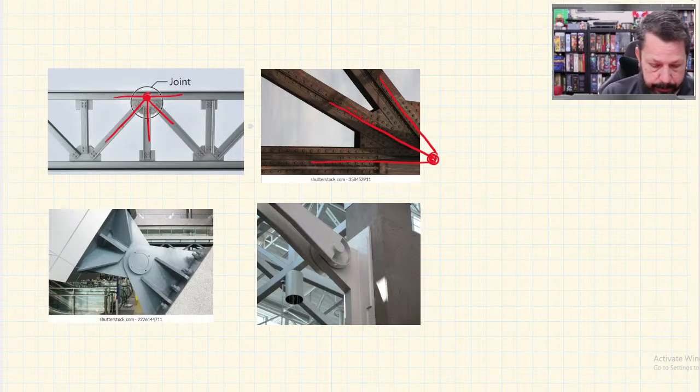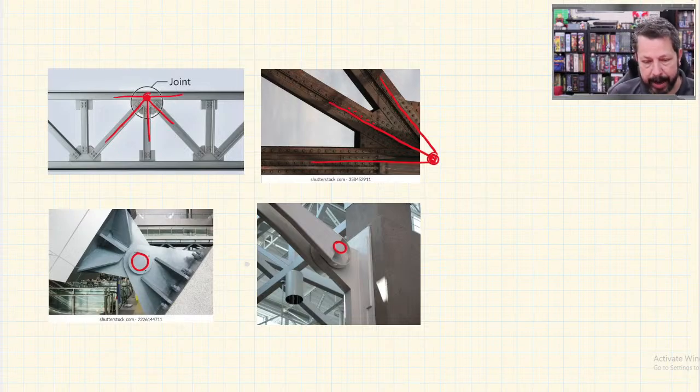But sometimes they do have actual pins. Not as common, but sometimes there might be a hinge somewhere, or they did build it with actual pins in place versus riveting individual members to these gusset plates. So that's the idea of this joint thing.